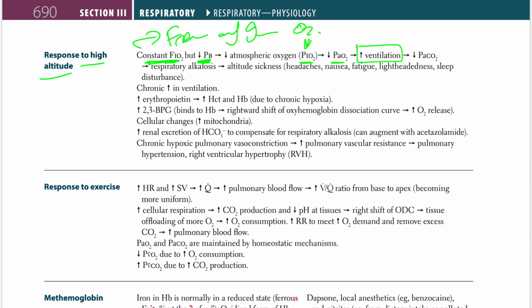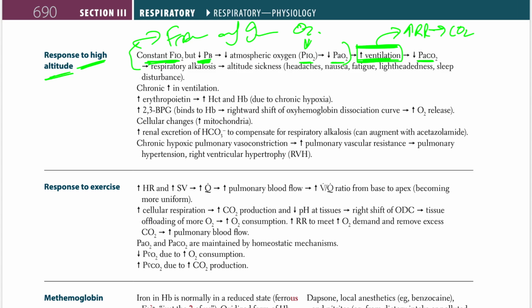This is important: in high altitude, you will hyperventilate. And that will cause a decrease in your carbon dioxide, because remember, when you hyperventilate, which is increasing the respiratory rate, it throws out CO2.